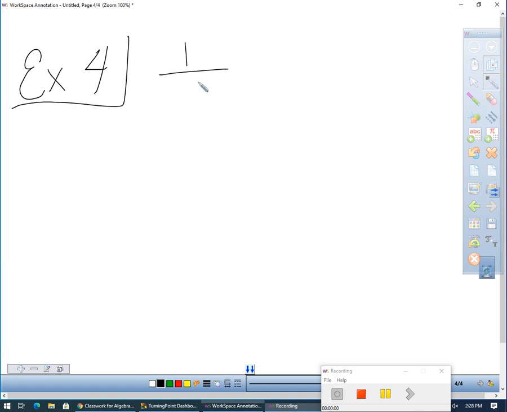How about 1 over x plus 4 minus 2 over x squared plus 5x plus 4 equals... not that bad. So you just gave us an easy one. This one's not hard.